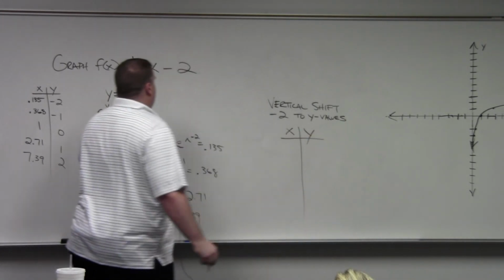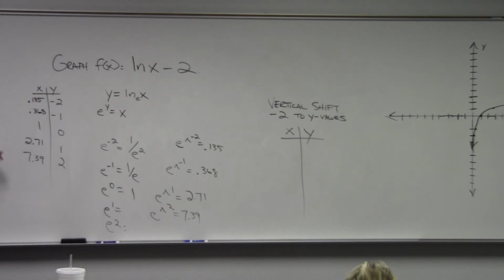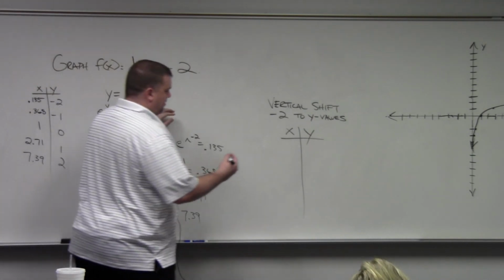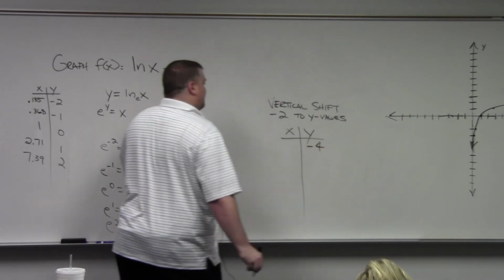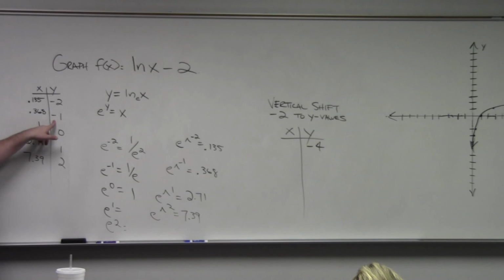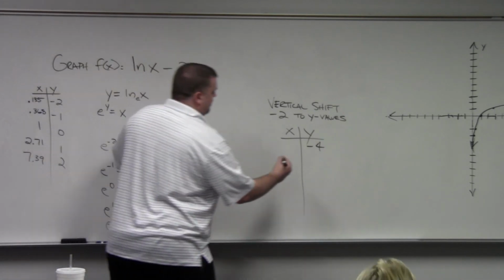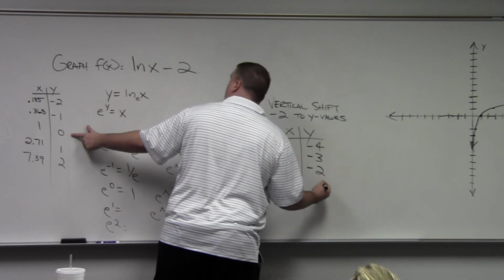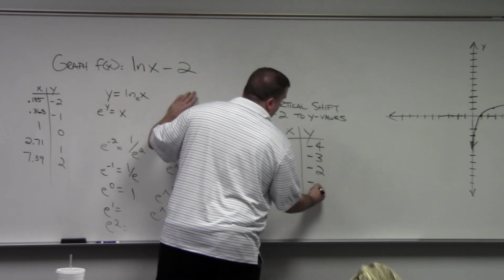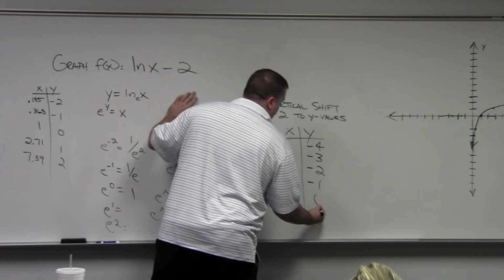So using our same parent function, these values, let's subtract 2 from our y values. -2 minus 2, let's go -4. Oh, yeah, I like -4 better. -1 minus 2 is -3. 0 minus 2 is -2. 1 minus 2, -1. 2 minus 2 is 0.